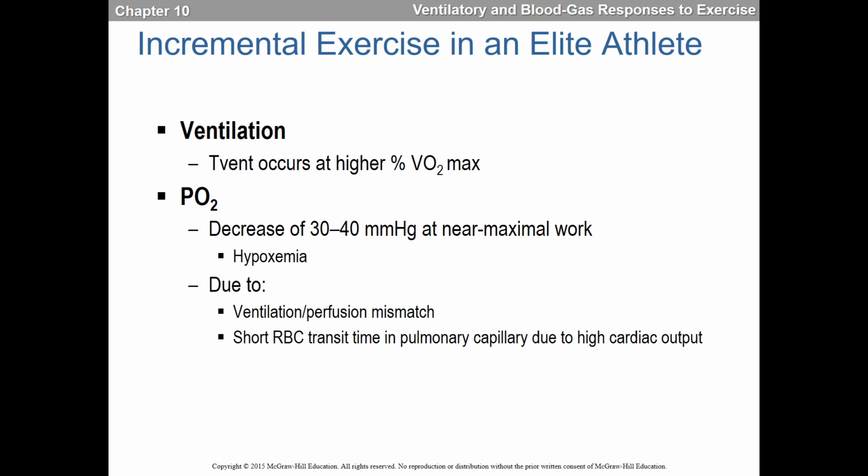So highly elite individuals can actually plummet their partial pressure of oxygen in their blood quite a bit. So this is hypoxemia. That just means low blood oxygen. Emia just means blood. Hopefully you're aware of that. And this is likely due to a VQ mismatch.